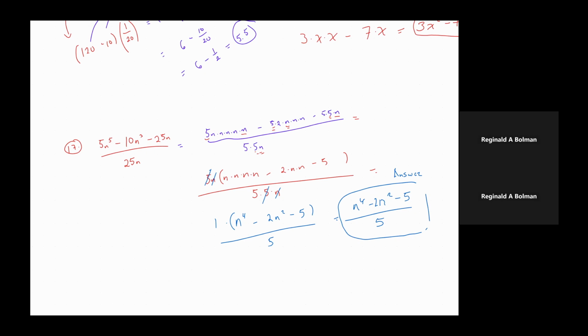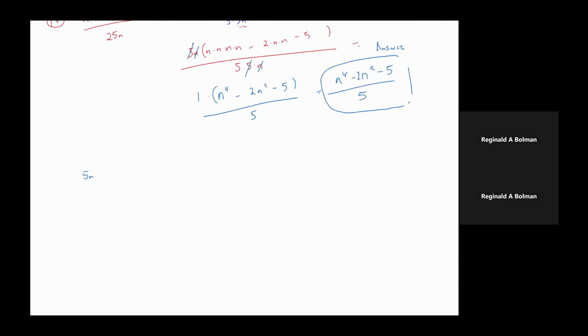So if we go back and we try using distribution for this problem statement, we've got 5n to the fifth minus 10n cubed minus 25n all over 25n. And by the distribution law, we know that that's going to be 5n to the fifth minus 10n cubed minus 25n times 1 over 25n, or the inverse of 25n.